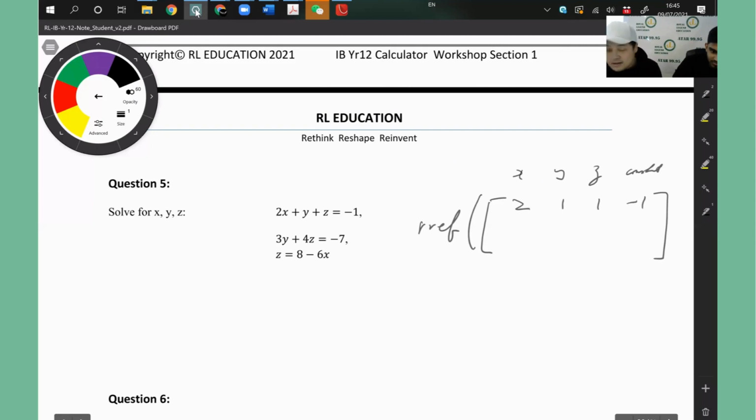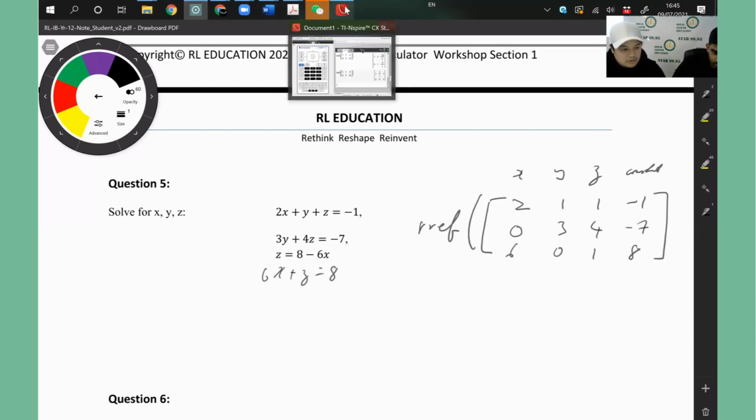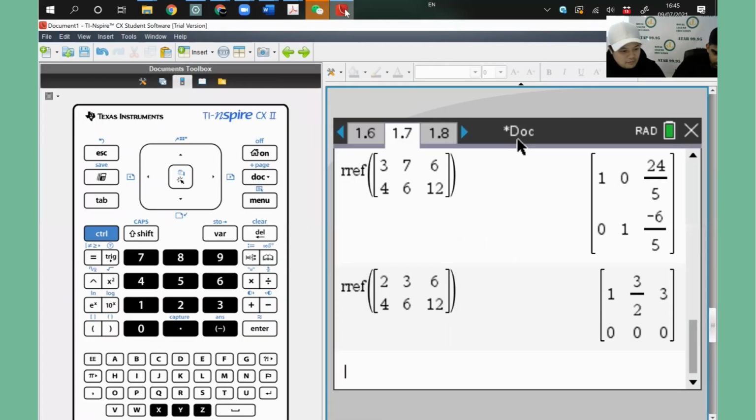The second equation, I don't have x, so which means 0, 3, 4, minus 7. The third equation, I can write it nicely. Make sure in order. So which means 6, 0, 1, 8. And then here we go. Equation, a coordinate of 3 planes. If you know what I'm talking about.